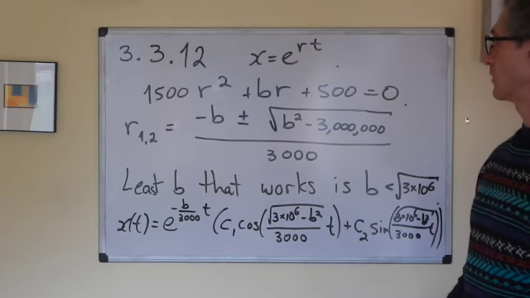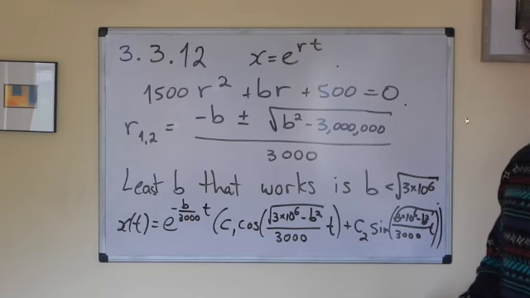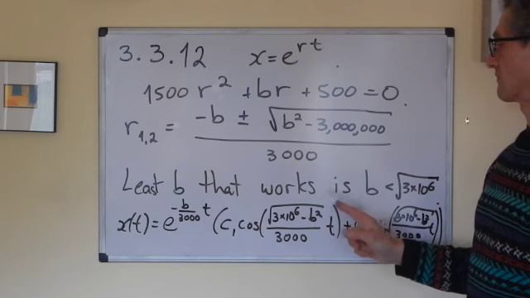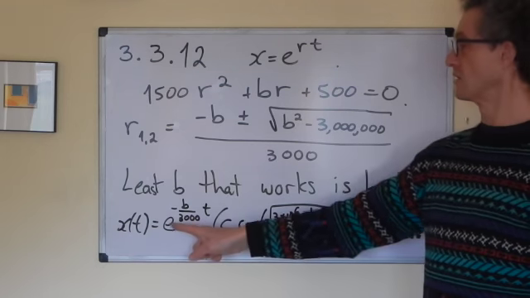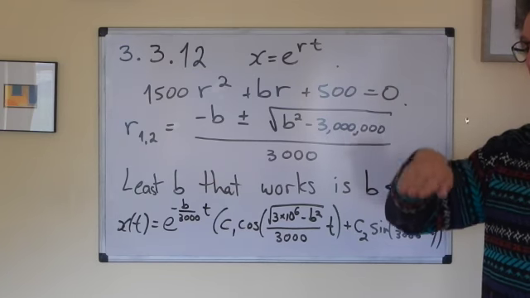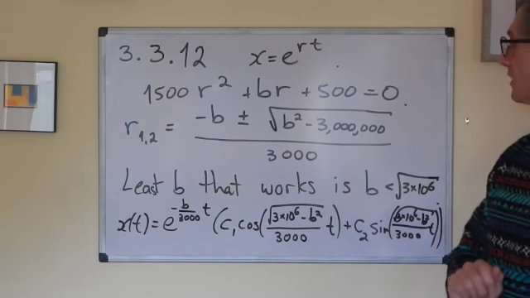And so now we want to pick C1 and C2 to match the initial conditions, and again find the lowest point that x reaches with this oscillatory solution. So the first drop will actually be the biggest one.